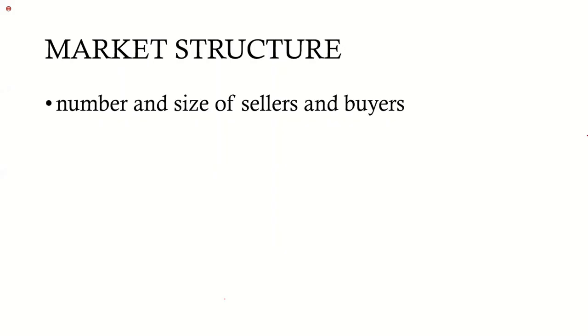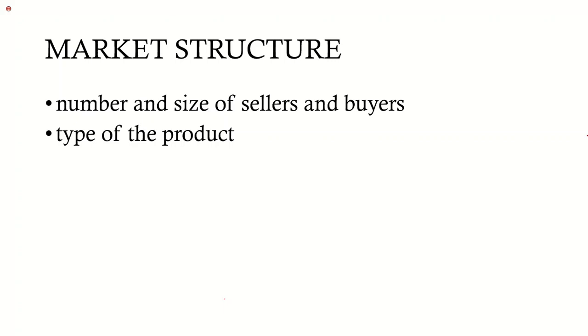Right. So any market structure will be categorized by the number and size of sellers and buyers. Some have one, some have many, some have so many. Likewise, different market structures have different numbers of buyers and sellers. And the size, market share, is also different in different types of markets.